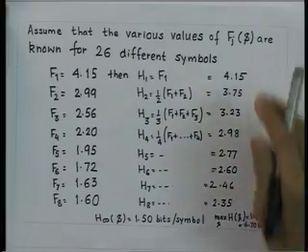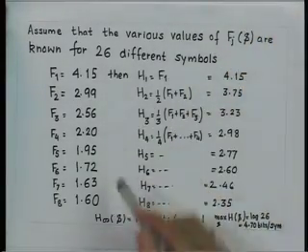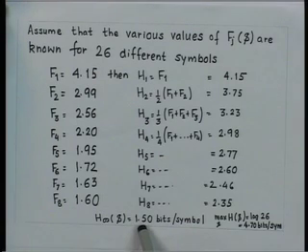But if I look at that source with memory, then the entropy turns out to be much lower than 4.70 bits, and it is equal to 1.50 bits per symbol. So there is a lot of discrepancy between these two entropies.